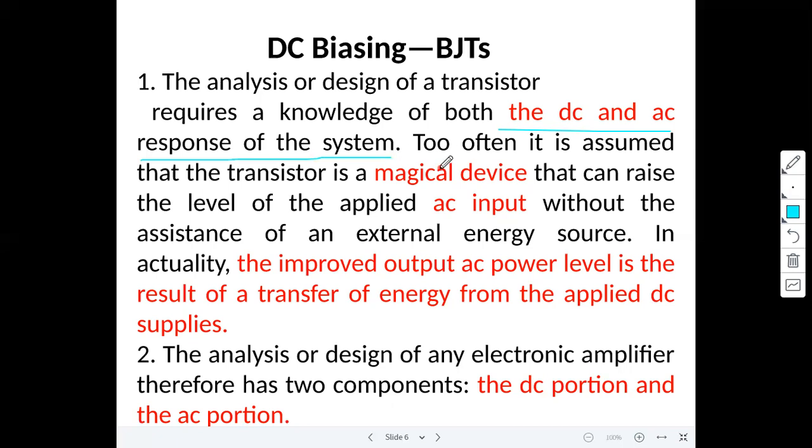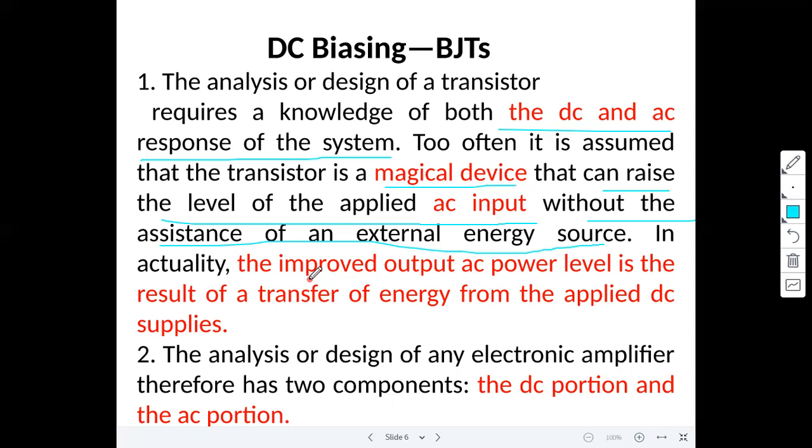Too often it is assumed that the transistor is a magical device that can raise the level of the applied AC input without the assistance of an external energy source. Except for some bias voltage, we need not apply any external energy source. The transistor itself raises the input AC signal at the output side.